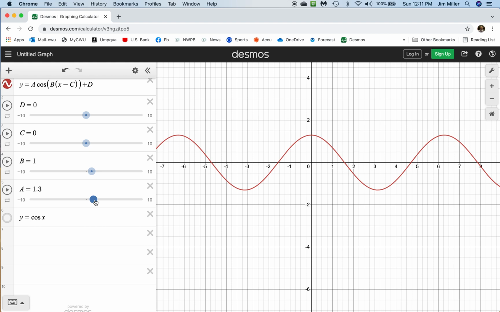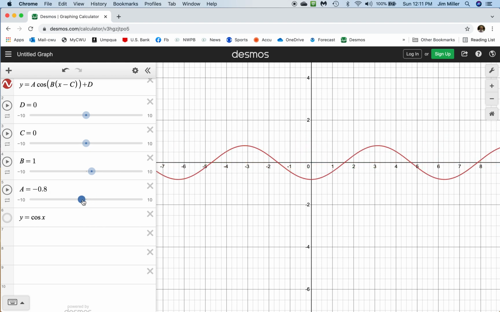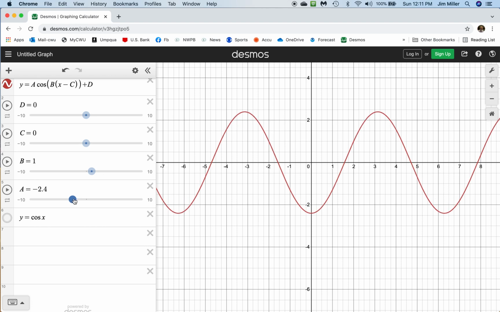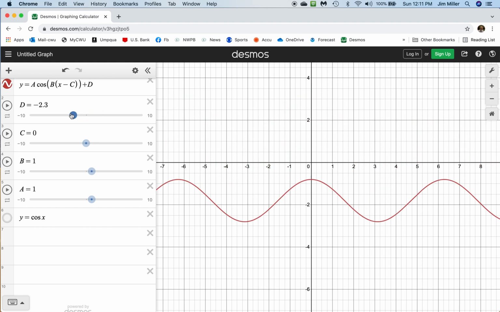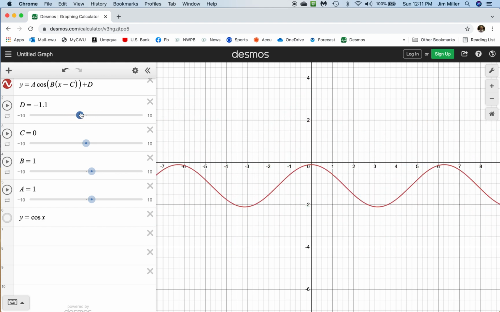What if you go to negative numbers? Watch how it flips when we go to negative. Okay? So that's what the amplitude does. It flips it or stretches it vertically. The d just moves it up or down. So I'm going to go back to 0.